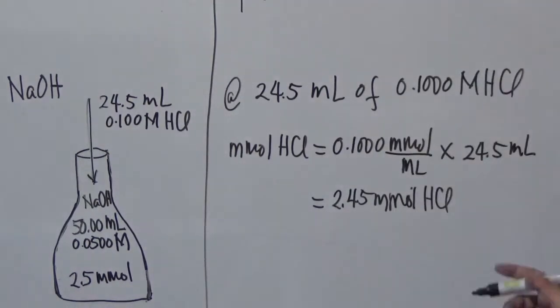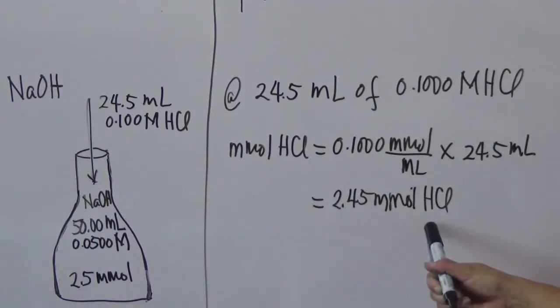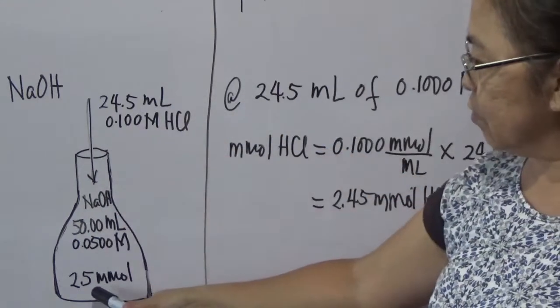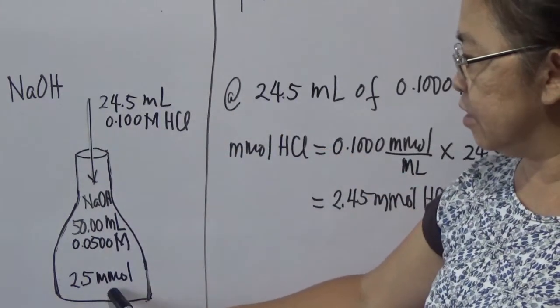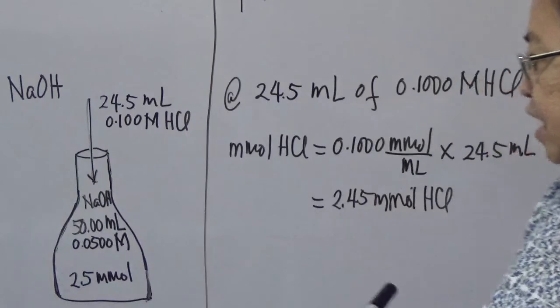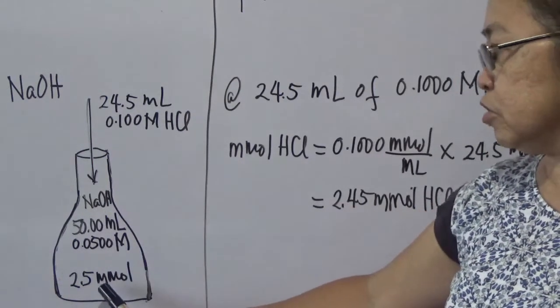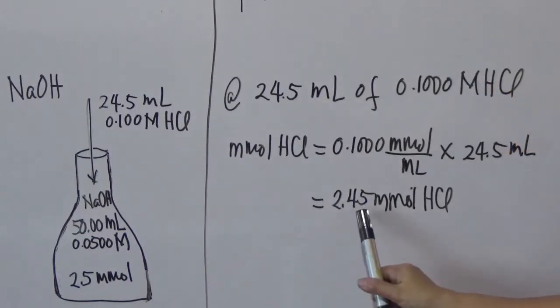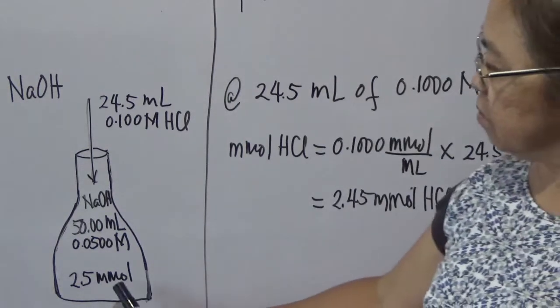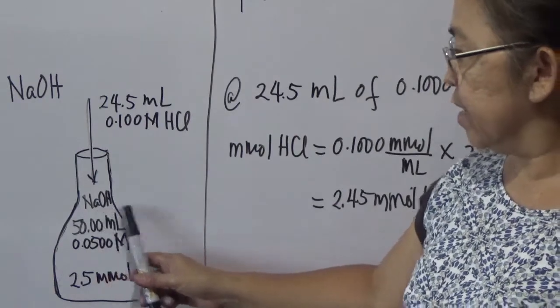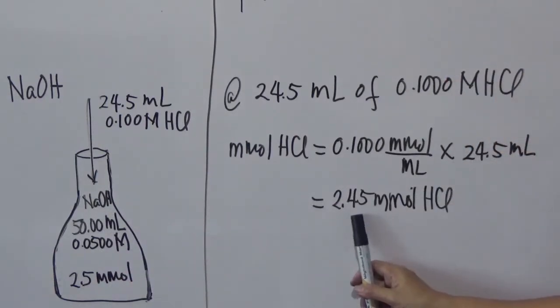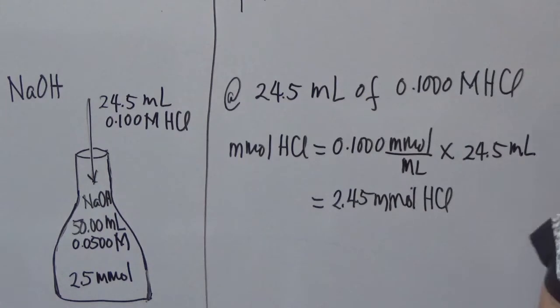So once this amount of hydrochloric acid is added into our 2.5 millimole of sodium hydroxide, some amount of sodium hydroxide will be consumed because it will react with 2.45 millimole of hydrochloric acid. Now the question is, how many millimoles of sodium hydroxide reacted with 2.45 millimole of hydrochloric acid?